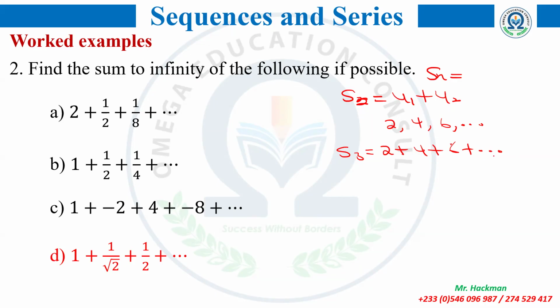Whatever I have here, I am summing the terms of the sequence. How many times? Infinite. So finding the sum of the first, you don't know your n, an infinite number of terms, gives us the sum to infinity. That's the notation. You get it?